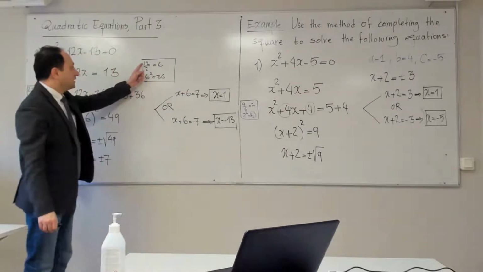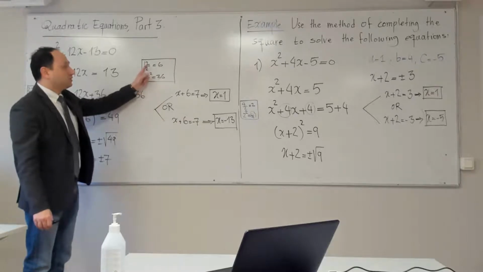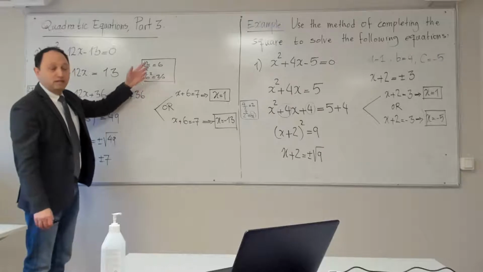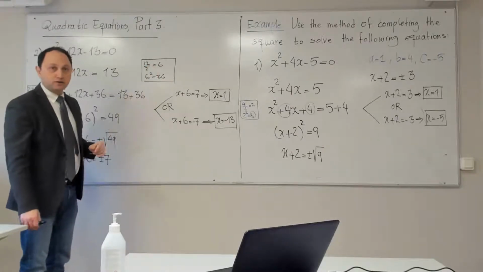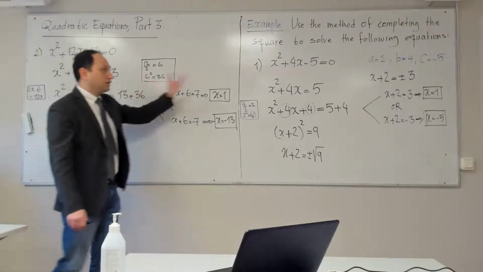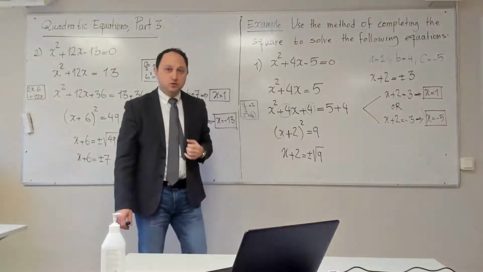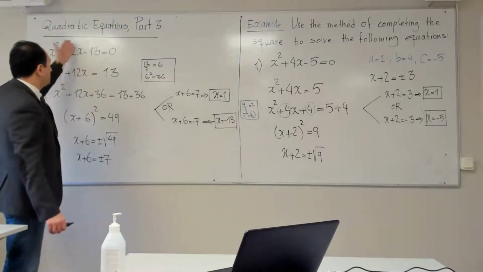Why? Because when I want to find my magic number here, I divide the middle term by 2. If this is not an even number, when I divide it, I have to work with fractions. So before going to the hardest possible case, let me teach you what will happen if you have an odd number, or any other number, by the way, here.